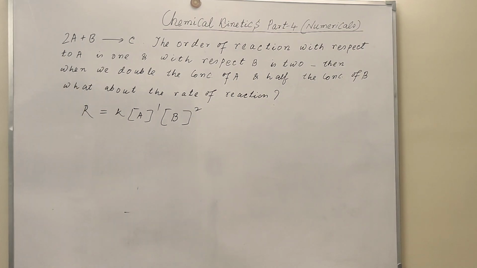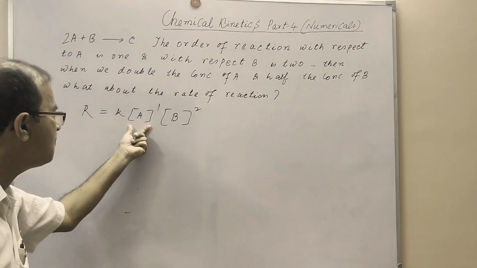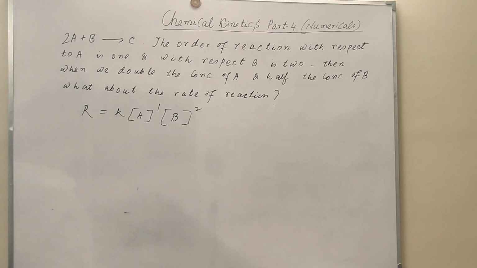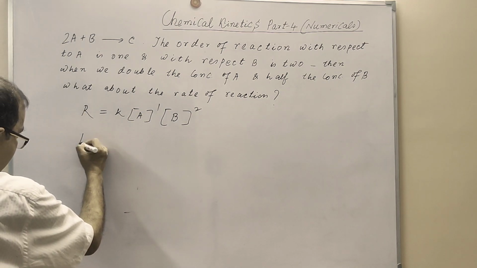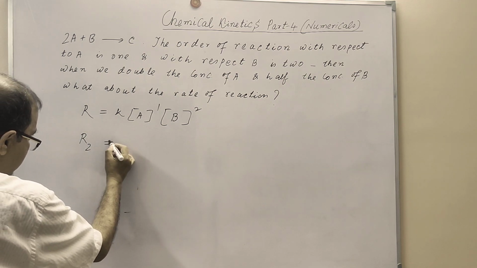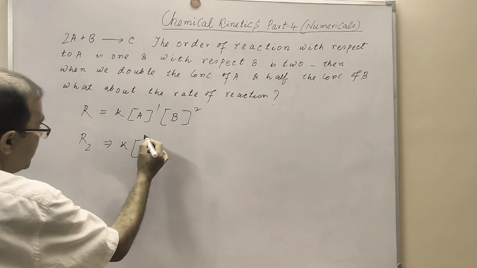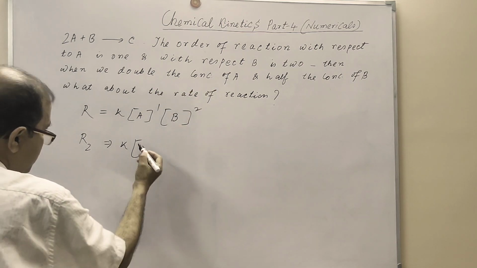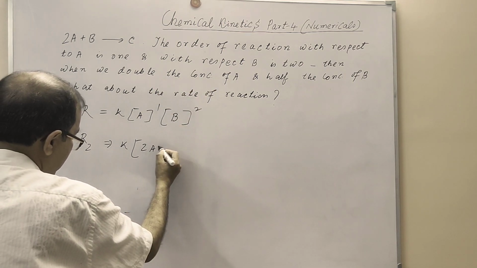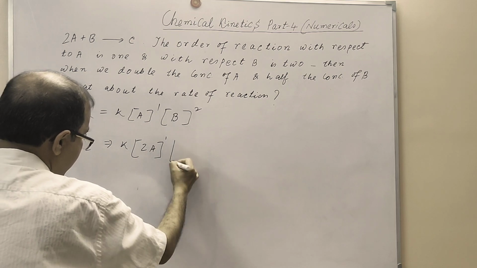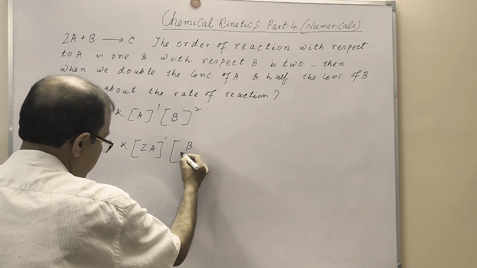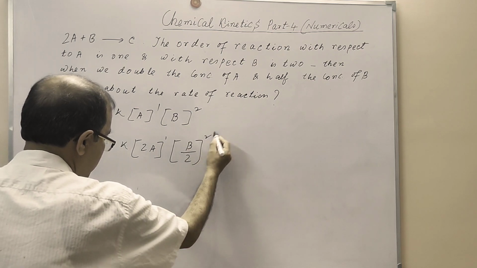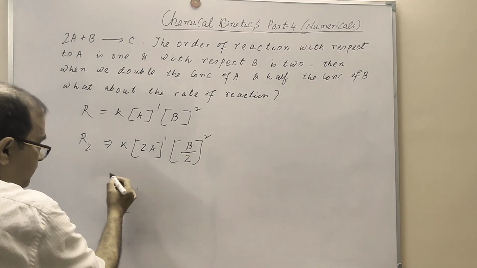So what will happen when we double the concentration of A and halve the concentration of B? Suppose this is R1, and when R2 is given, k, we double the concentration of A, so it is 2A, and halving the concentration of B means it will be B by 2, the whole square. So we can write this way.